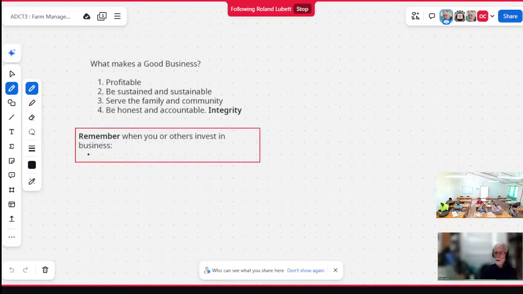Two things to remember. First of all, there will be years when there's no income.